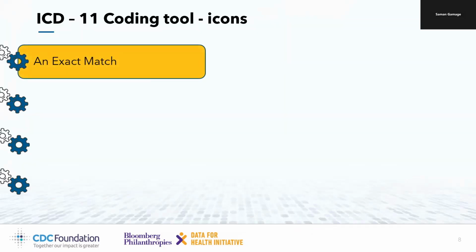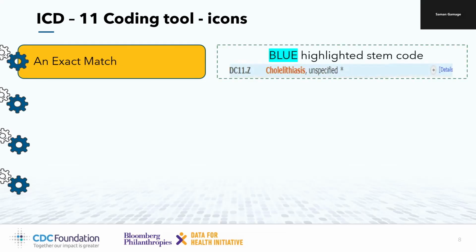There are some special icons used in the ICD-11 coding tool. Let's learn or refresh our knowledge about these icons. An exact match is represented by a blue highlighted stem code. The stem code is highlighted in blue.